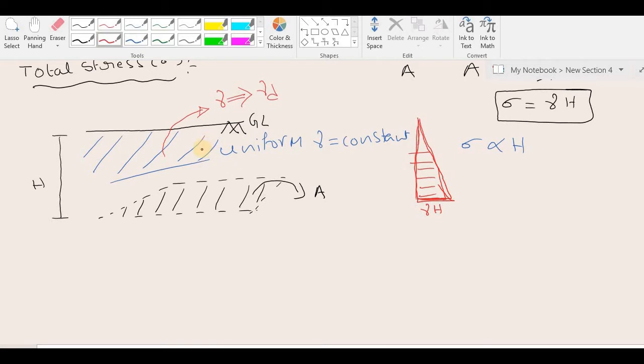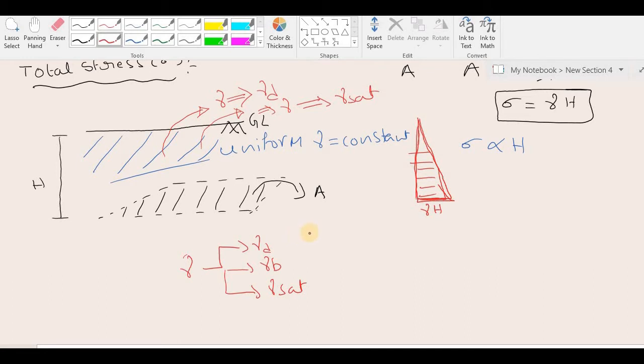If it is a saturated or a submerged case, in that case, the gamma tends to gamma sat. So basically gamma will be gamma dry or gamma bulk or gamma sat.